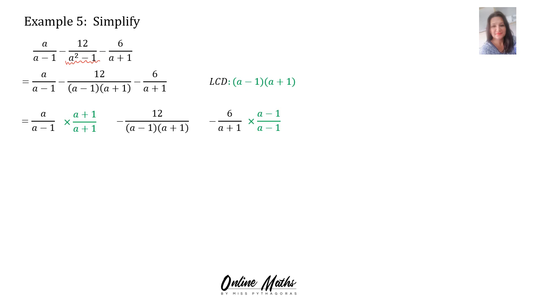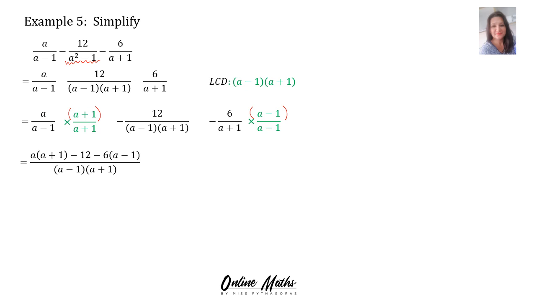Now all three terms are over the LCD. And then you're going to take this a and put a bracket, a plus 1. And here on the minus 6 as well, it's minus 6 and you're going to put a bracket, a minus 1. And then everything is over the denominator. So this is what happens.